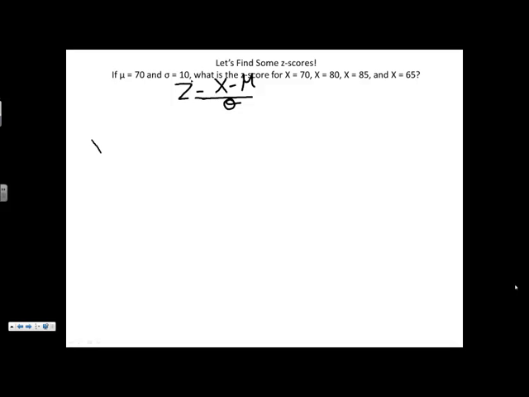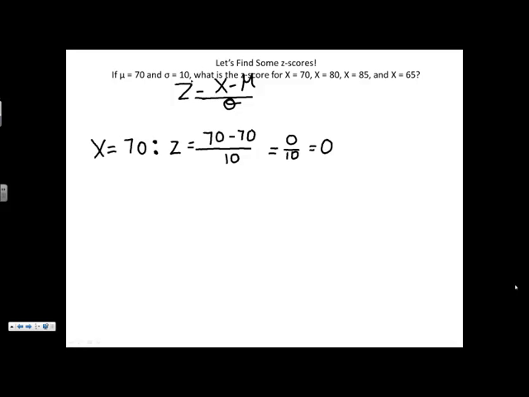Okay, so if x is equal to 70, then z is equal to 70 minus the mean of 70 divided by the standard deviation of 10. Well, that becomes 0 divided by 10, and that is 0. So remember, whenever you have a score that's equal to the mean of all the scores, the z-score for that score will be 0 because it's 0 standard deviations away from the mean.